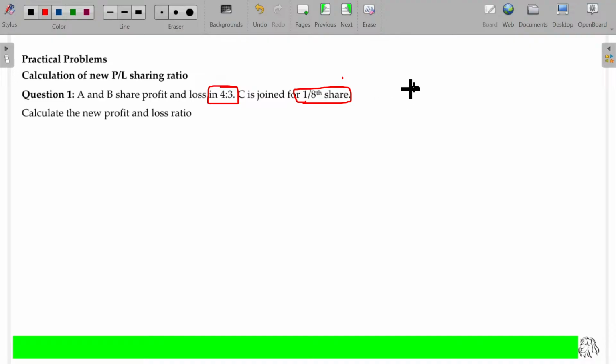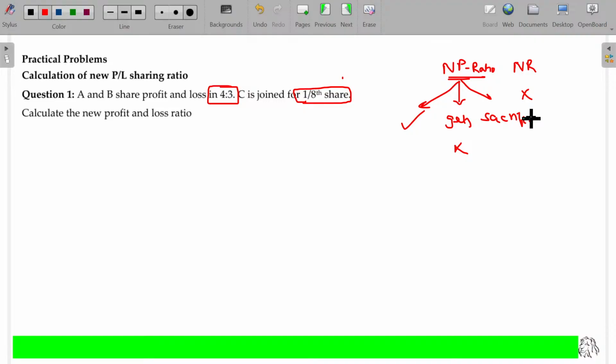The new partner's share may be given, but how he gets it, and how the other partners sacrifice, may not be given. This is type 1.